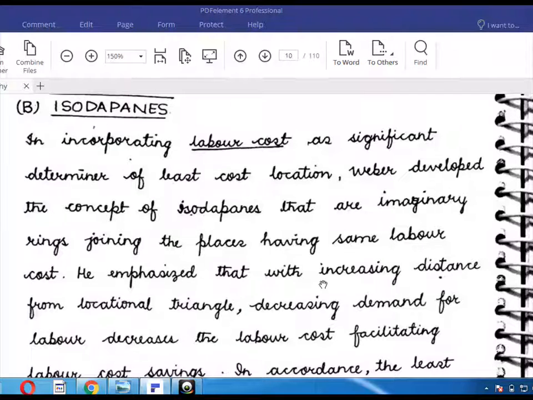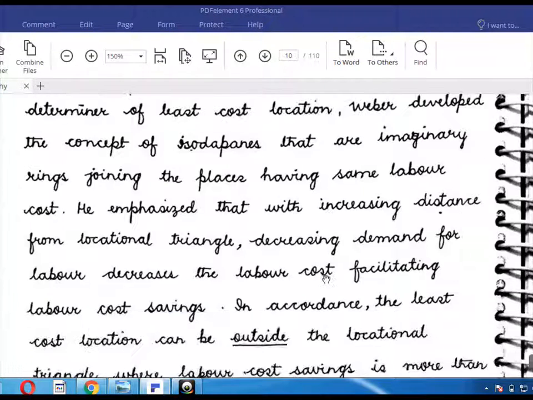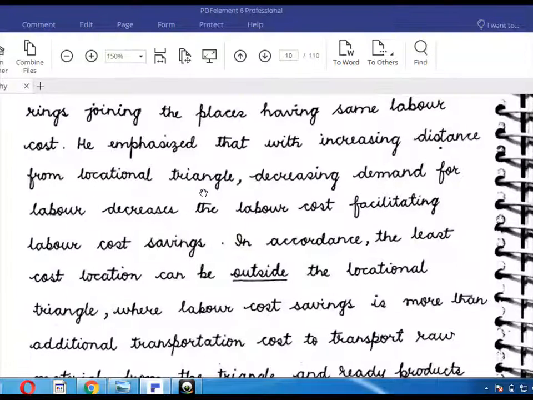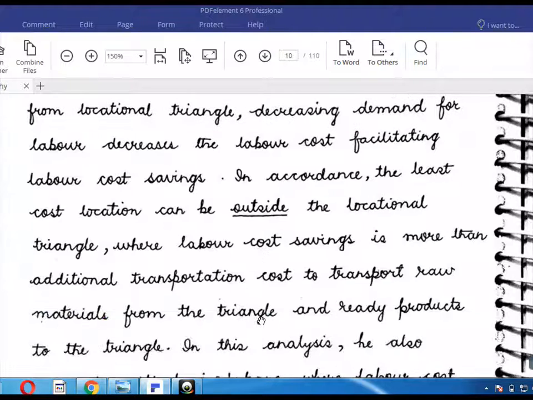He emphasized that with increasing distance from locational triangles, decreasing demand for labor decreases the labor cost, facilitating labor cost savings. Accordingly, the least cost location can be outside the locational triangle, where labor cost savings are more than the additional transportation cost to transport raw materials from the triangle and ready products into the triangle.